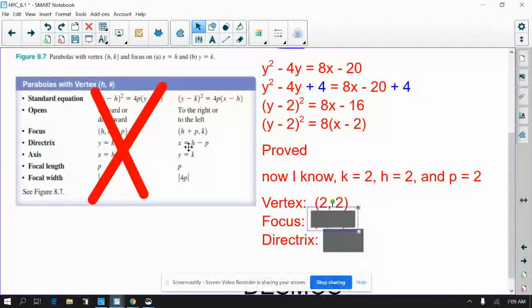The focus is (h plus p, k), so (4, 2). The directrix is x equals h minus p. Don't forget to write x equals because the directrix is a line, so you need an equation. The focus and the vertex are just points, but the directrix is a line.